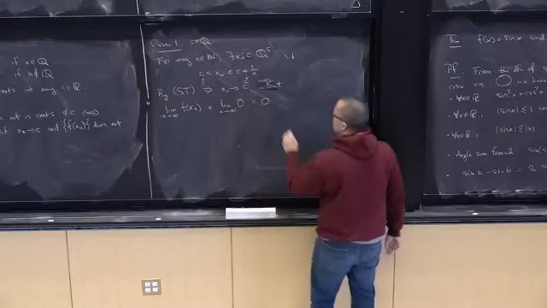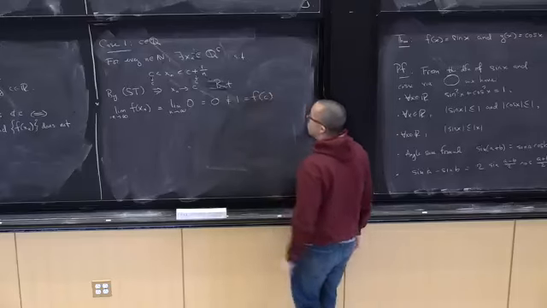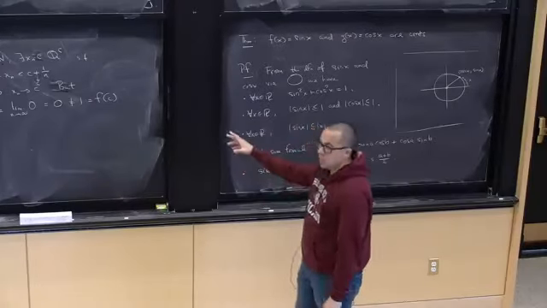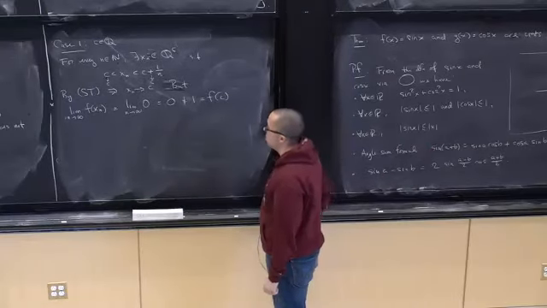This does not equal 1, which equals f of c, because we're in the case that c is a rational number. Okay? So here we use the density of the irrationals to show that this function is not continuous at a rational number.